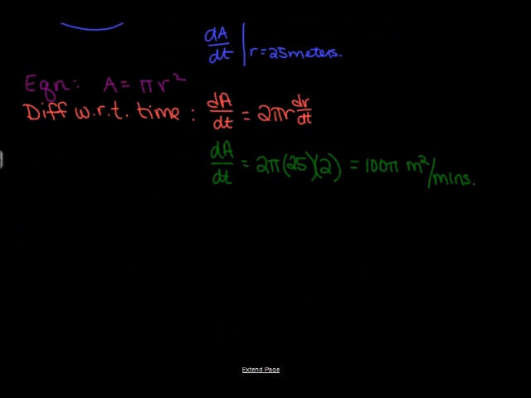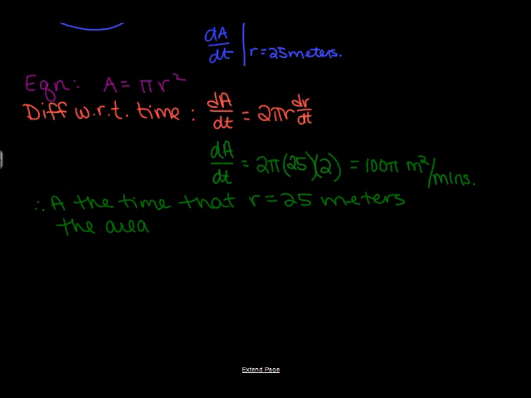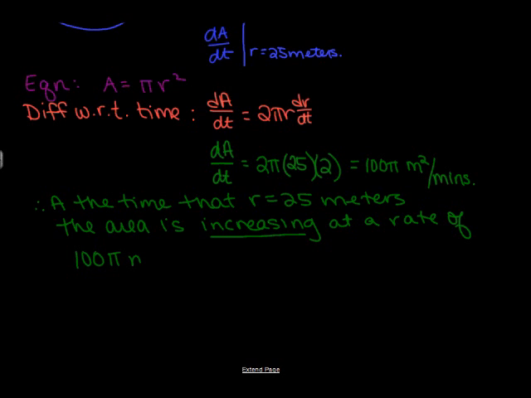Okay, so this means if we go to interpret our answer, at the time that the radius is 25 meters, the area is increasing at a rate of 100 pi meters squared per minute.